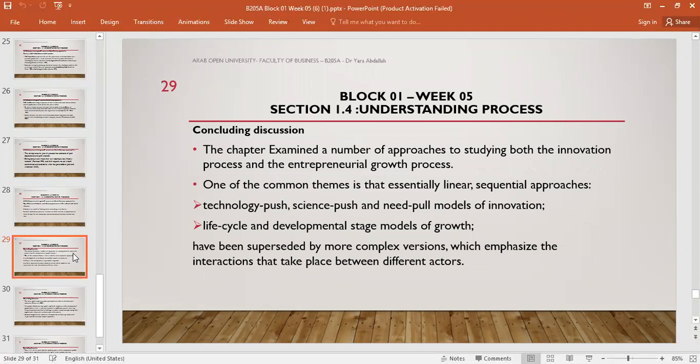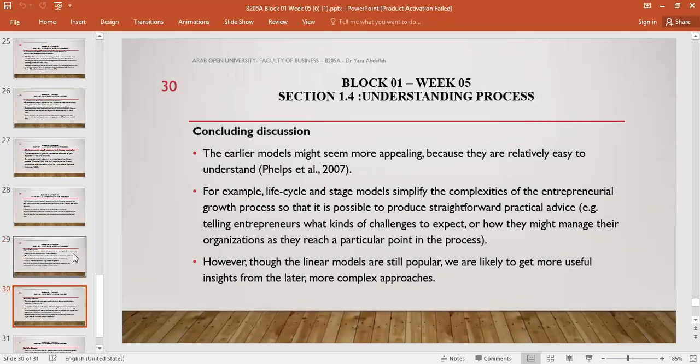We also have certain models that discuss the entrepreneurial growth process, which are the life cycle model, the developmental stages model, and the evolutionary model. We should know each model, try to describe it, and try to differentiate between natural and social science in each model. What is the difference? Try to talk about the limitations of each model.